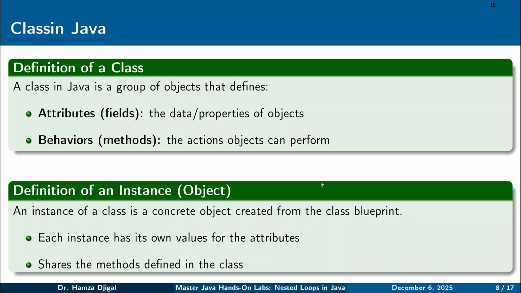Each instance has its own value for the attributes. This way, in Java, an object is an instance of a class. That means we create objects from the class blueprint, and it shares the structure defined in the class.